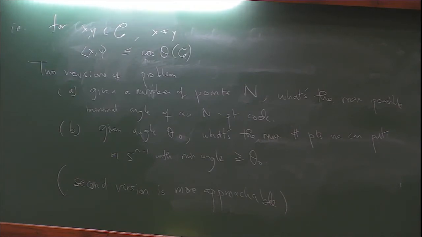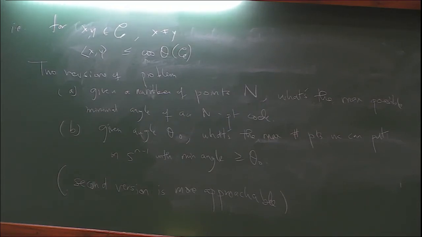You sample the signal at a bunch of times, and you get a point in n dimensions, where n is the number of times you've sampled. Your cell phone has bounded power, so it's a constant power signal, which corresponds to a point of a fixed norm, let's say 1. So signals correspond to points on the sphere, and you want to separate them as far as possible so that you can do efficient error correction when you receive the signal.